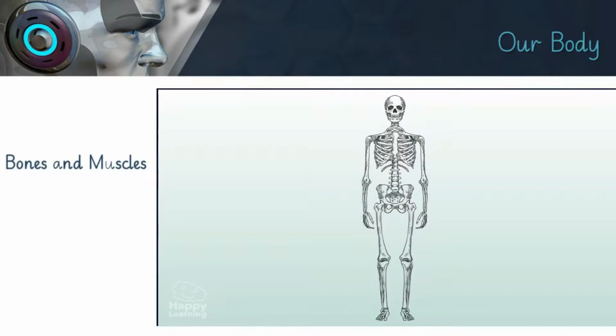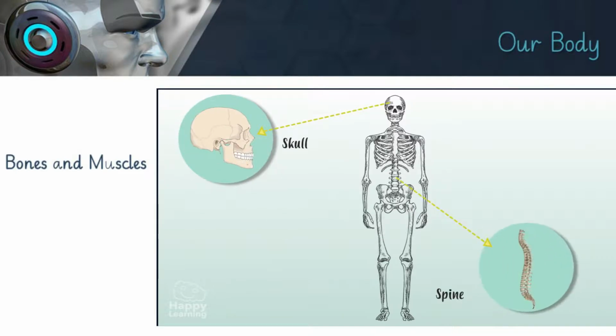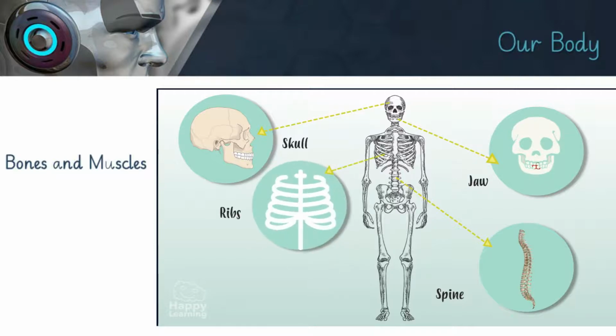Some of them are the skull that protects our brain, the spine that maintains us stable and upright, the jaw that allows us to move our mouths to chew food, ribs that protect our heart and lungs, and the femur, the longest bone in the human body, found in our legs.